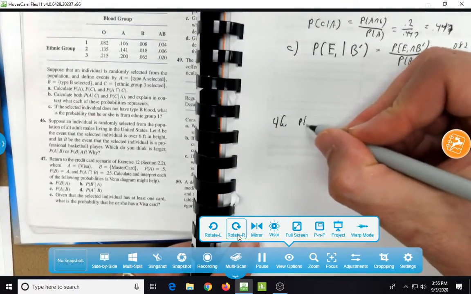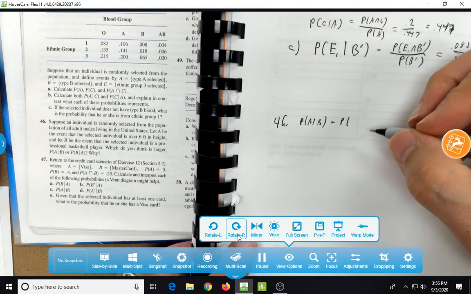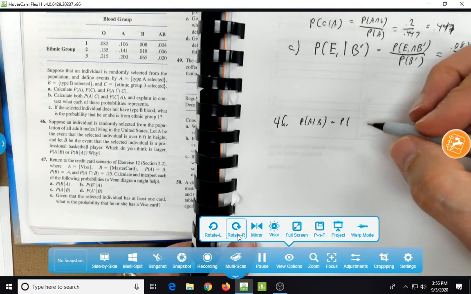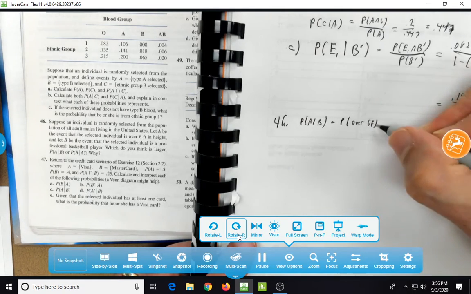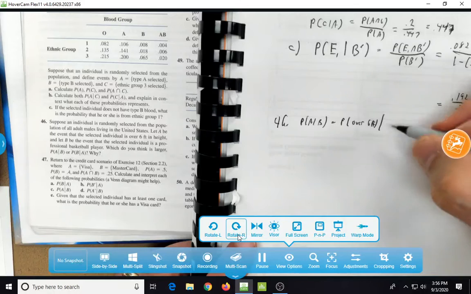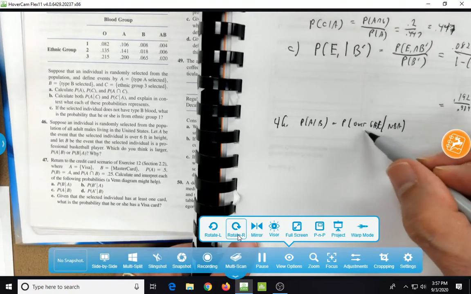Well, the probability of A given B is the probability that the individual is over 6 feet, given an NBA player. I think that's pretty high because pretty much everybody in the NBA is over 6 feet. Maybe not Stephen Curry. He's probably lying about his height.